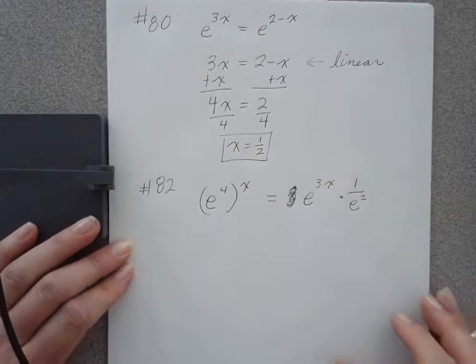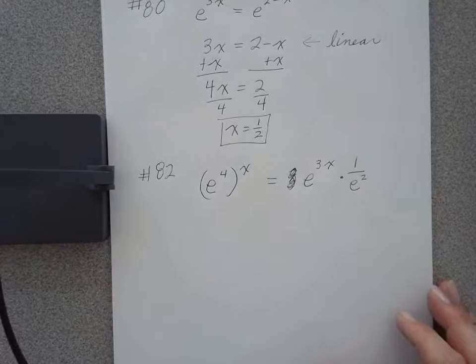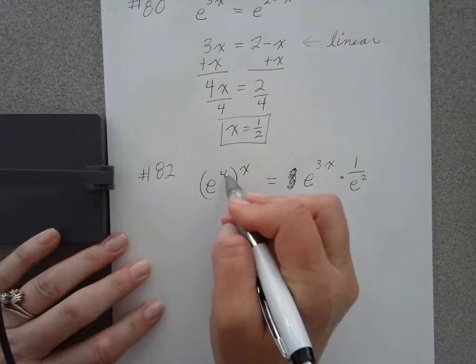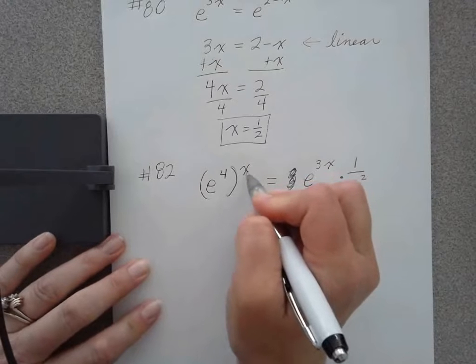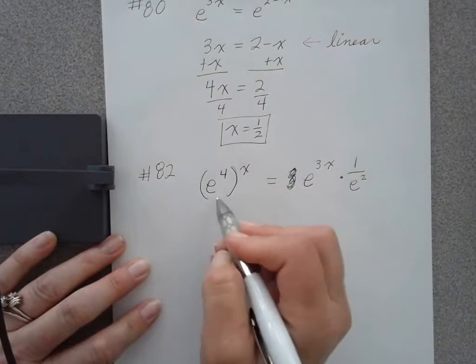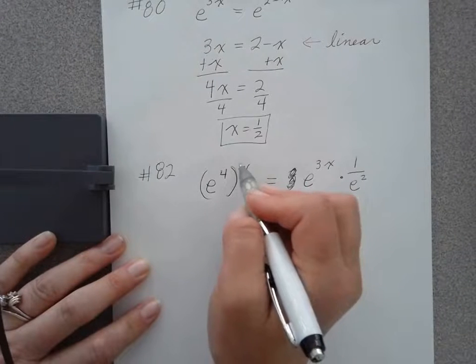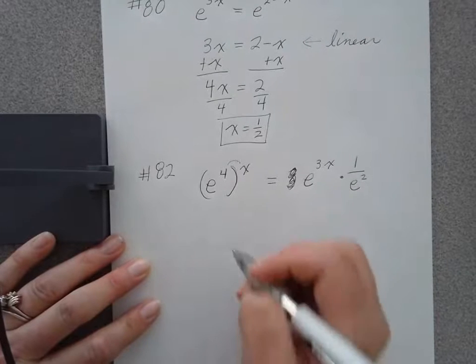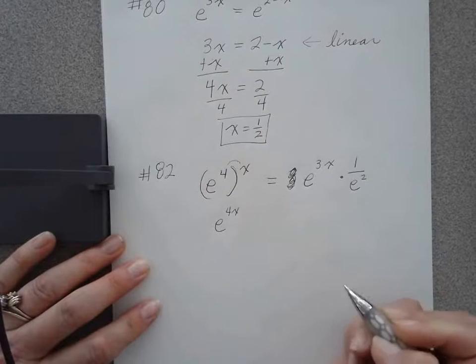We're going to have to remember some exponent rules here in order to get this where the bases are the same. If I have an exponent on the inside of the parentheses and an exponent on the outside of the parentheses, and it's just a single base raised to that power, then what can I do with them? Multiply them. Good. So that's going to be e to the 4x power.